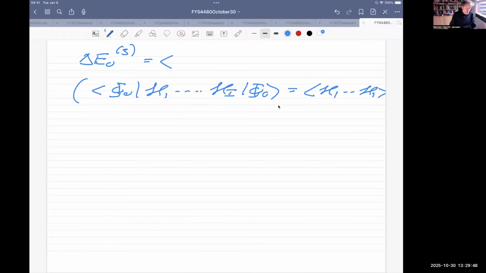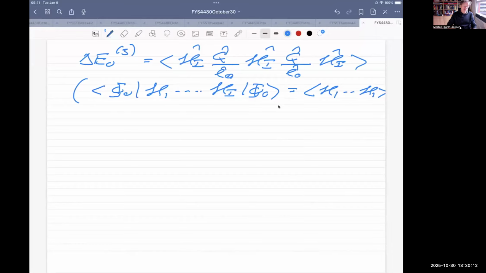And now I can actually write this as a term H_I, multiplied with Q divided by this E0. And then I have a new interaction because this is to third order. So we have Q divided by E0, and then multiplied with H_I. And this obviously acts on the final state, but I'm writing this as an expectation value. Then I have minus a term which goes like H_I, and then I have Q of E0, and this contains now this constant delta E0.